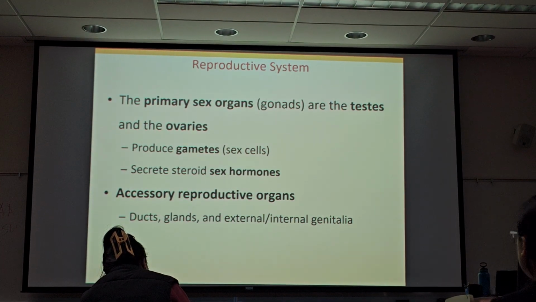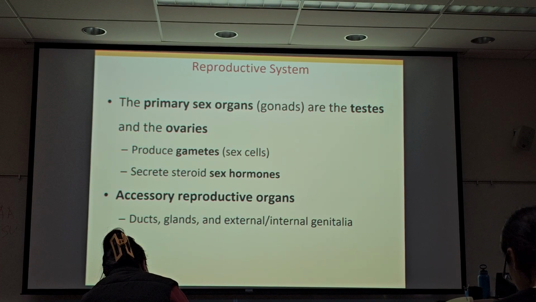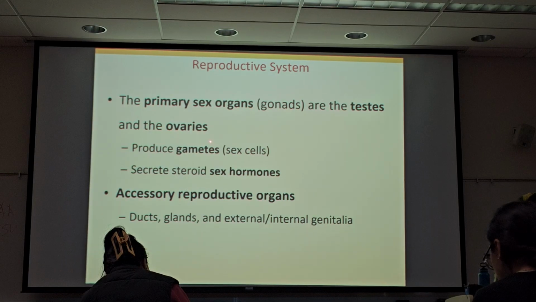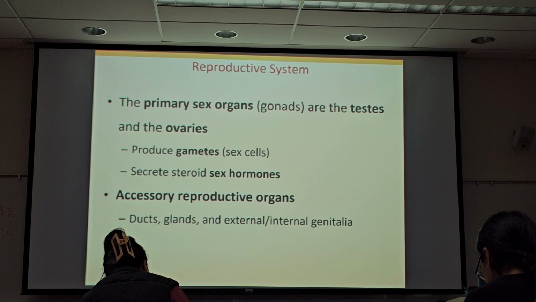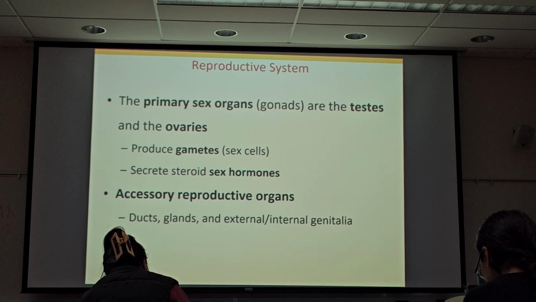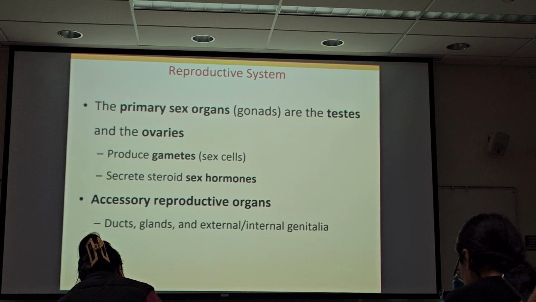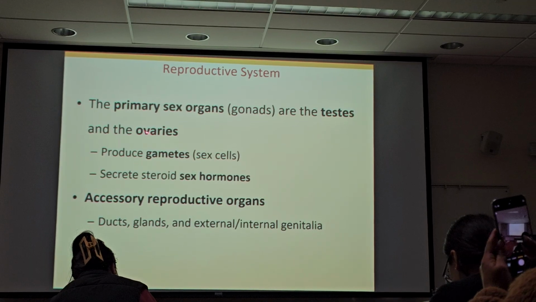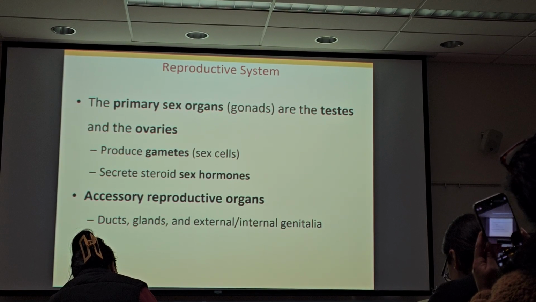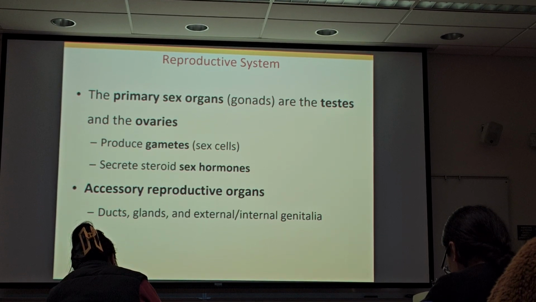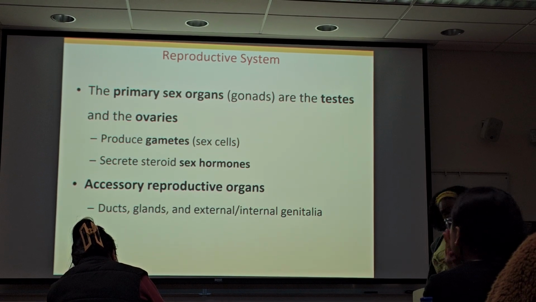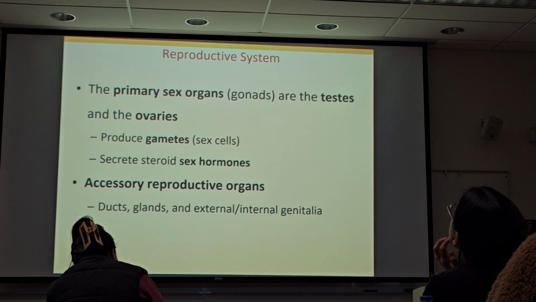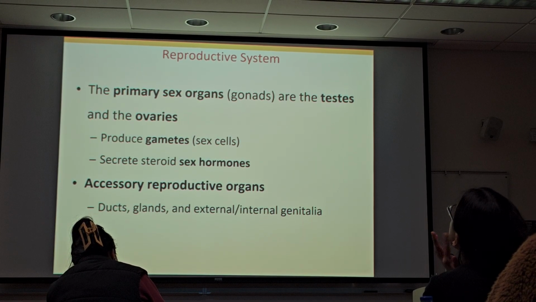When it comes to males, the primary sex organs are the testes. In females, they are the ovaries. The primary sex organs are called the gonads, and the sex cells are called the gametes, sperm and egg. The gonads not only produce the gametes, but they are also endocrine structures. They produce and secrete hormones: testosterone, estrogen, progesterone.